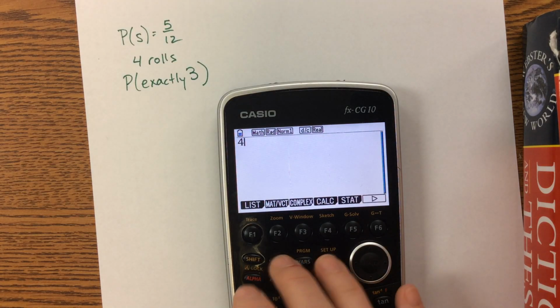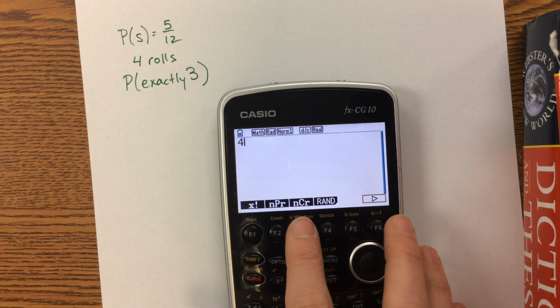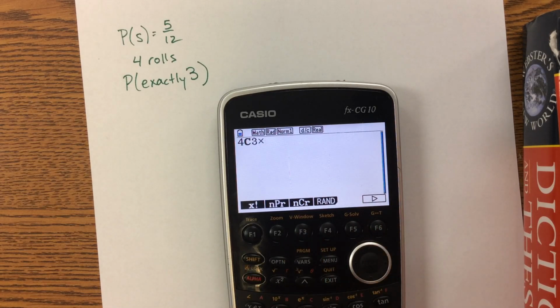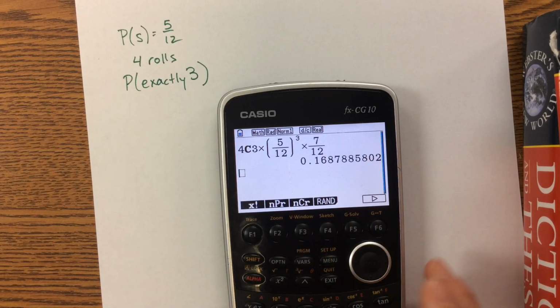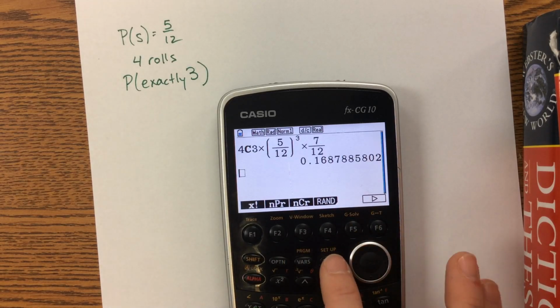So it was 4, and I go option over to probability. 4 choose 3 times, and then I needed that 5/12 to happen exactly 3 times, and then I needed the 7/12 to happen once, so I don't need parentheses on that one. And I found this value, which doesn't tell me a whole lot, but here's my decimal, so it was about 16.9%.